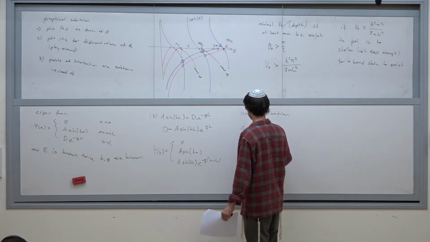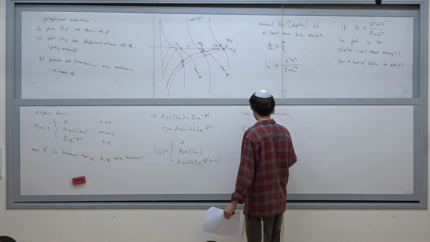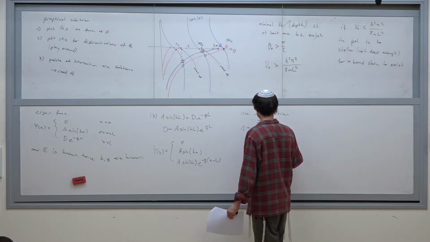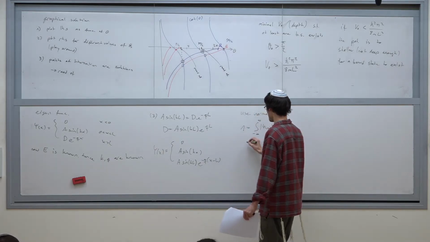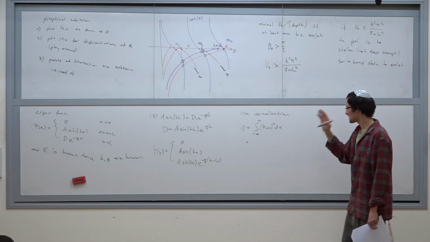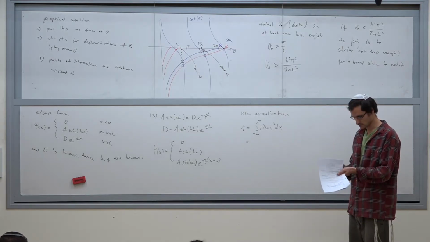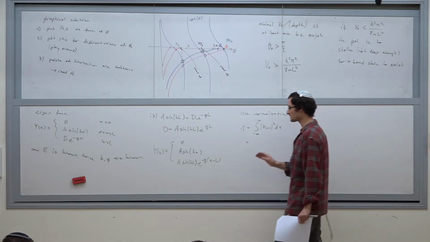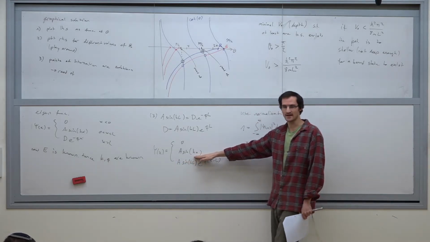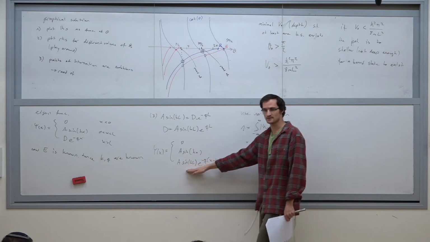So 1 equals the integral from minus infinity to plus infinity of psi of x squared dx. Now watch out, this is an important step. Don't get confused. I am not normalizing A sine kx and then normalizing this.